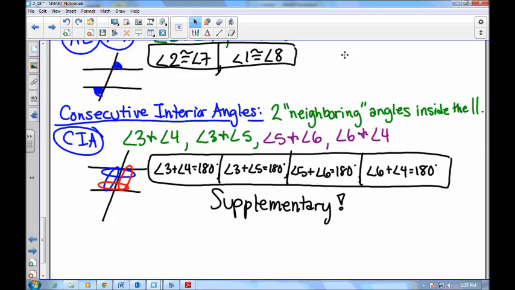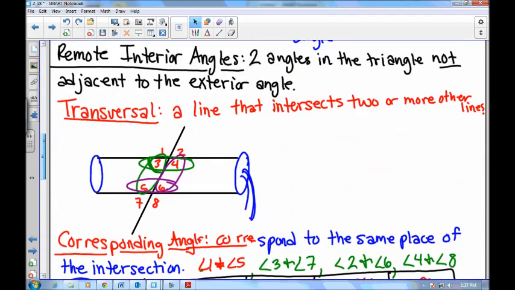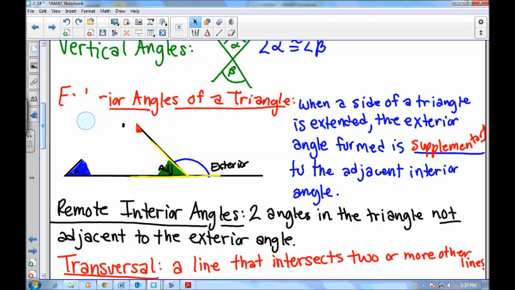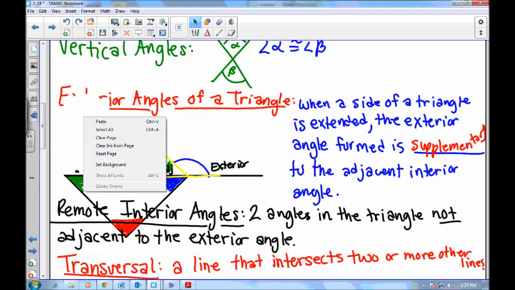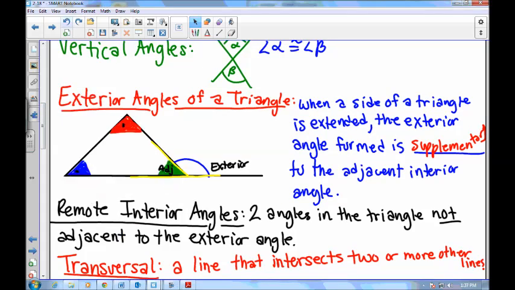Come back up to the top. Exterior angles right here. Okay, exterior angles are supplementary. Everything else we talked about, that was congruent. Vertical angles are congruent. Corresponding angles, alternate interior and alternate exterior are congruent. You have to know the difference of what is congruent and what is supplementary.